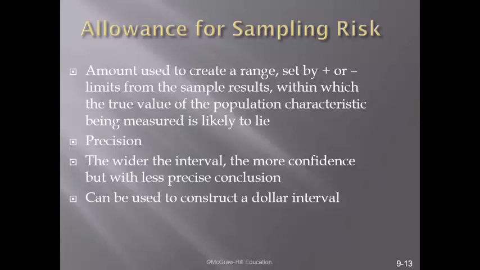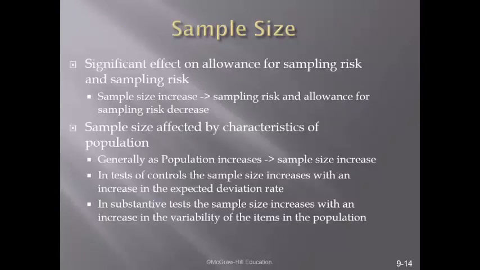The wider the interval that we allow, the more confident we may be that the true population characteristic is within it. While being more confident that the true population characteristic falls within an interval is desirable, we realize that the increased size of the interval leads to a less precise conclusion. The allowance for sampling risk may also be used to construct a dollar interval.